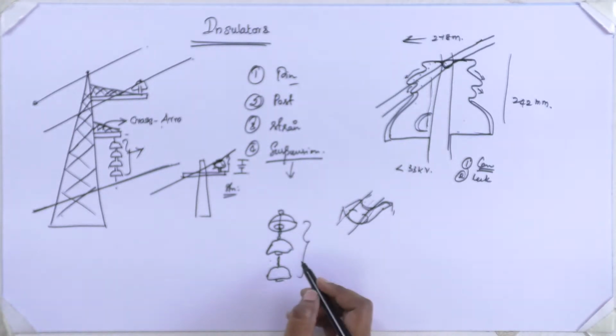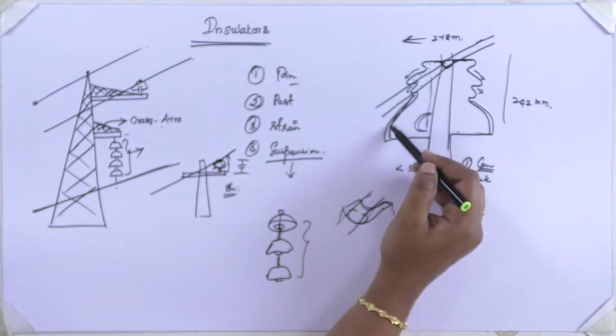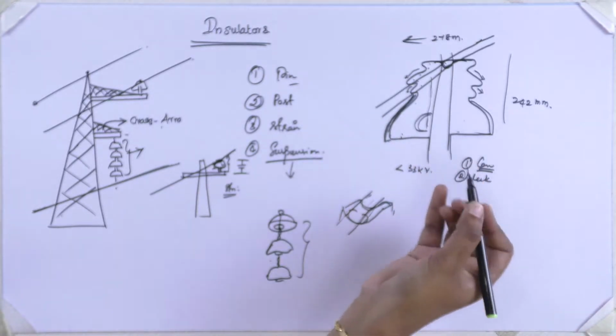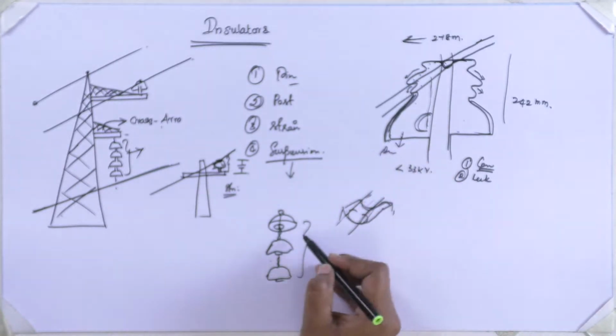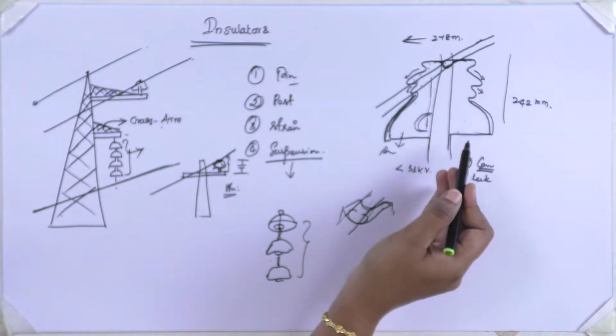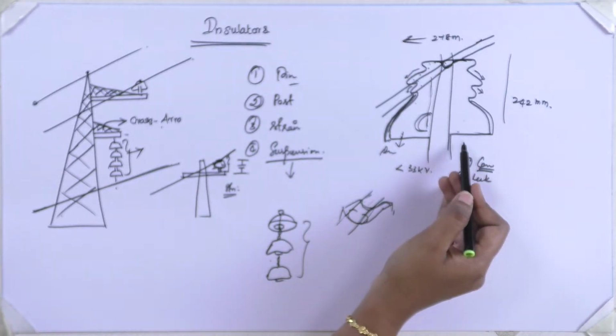For higher voltages, the shape of the pin insulator has petticoats, and providing these petticoats for the porcelain material is difficult, because as I have already told, the structuring of porcelain material is difficult. For higher voltages, providing more petticoats for condensation and leakage purposes is difficult.